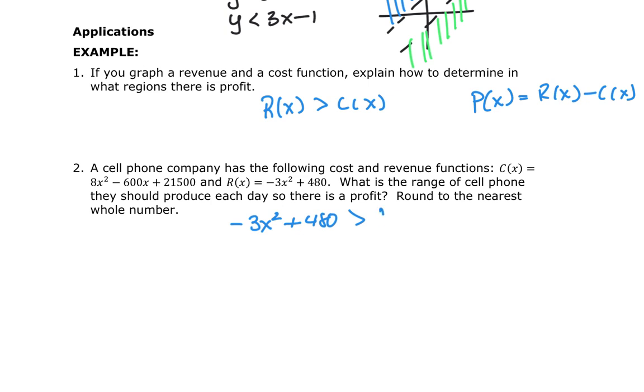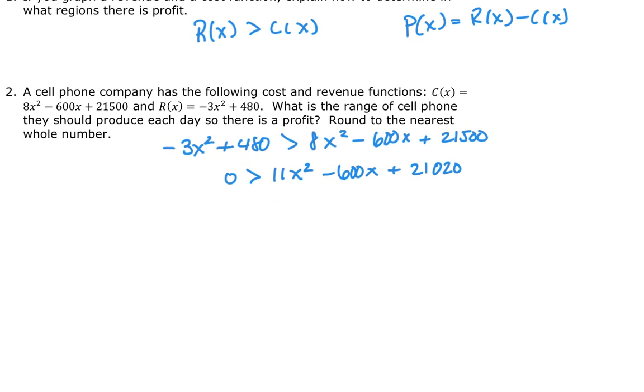And I'm going to have 8x squared minus 600x plus 2150. I'm going to bring everything to the right, so I have 0 is greater than. I'm going to add 3 and 8, so it's 11x squared minus 600x, and then plus 21, and I'm subtracting 480, so 21,020.